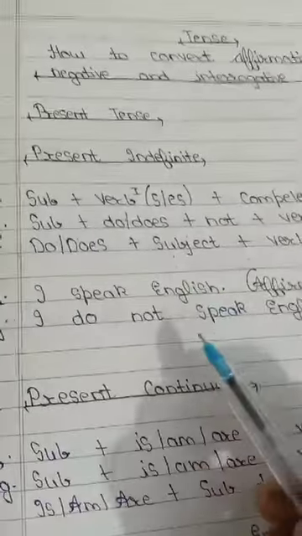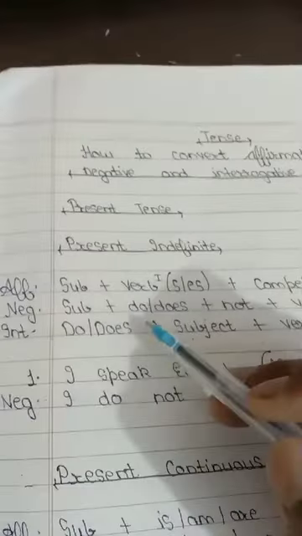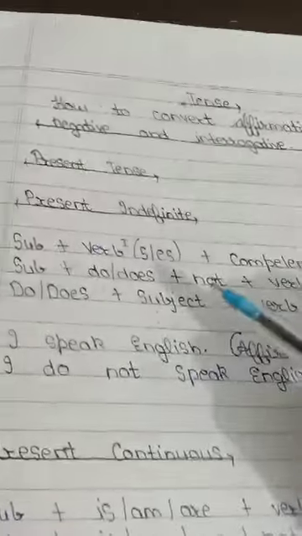So this is converted into negative and now we convert it into interrogative. So the formula is interrogative: do or does helping verb, subject and verb plus complement.